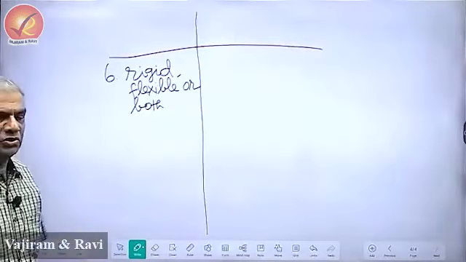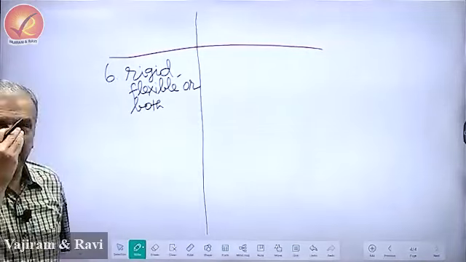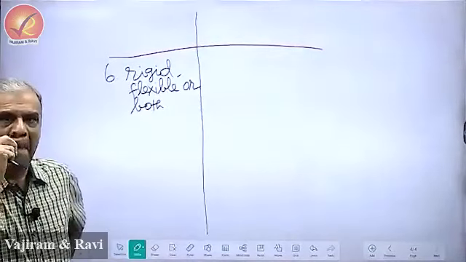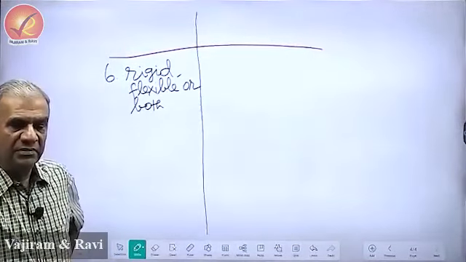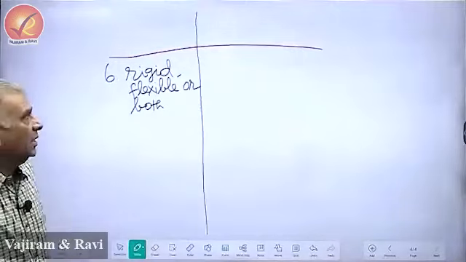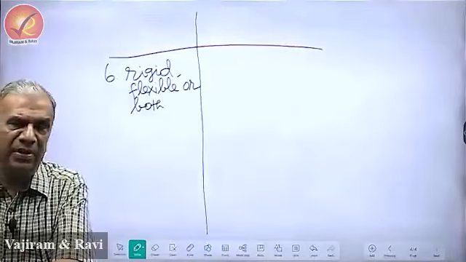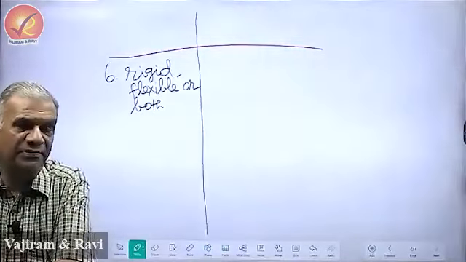So a written constitution can be either rigid or flexible or both. So what do you mean by a rigid constitution? It means it is difficult to amend.